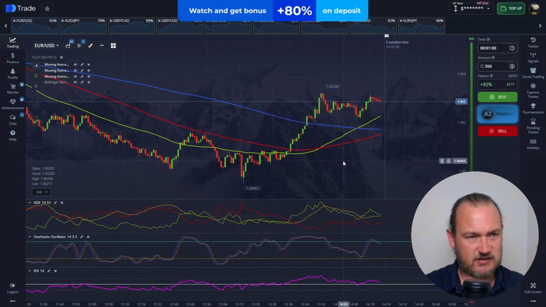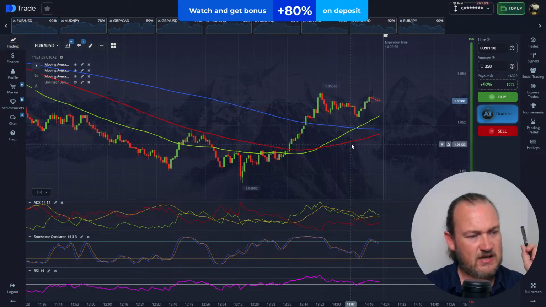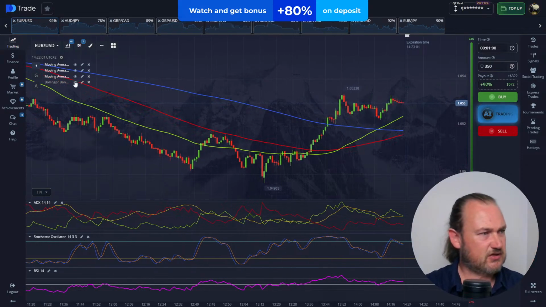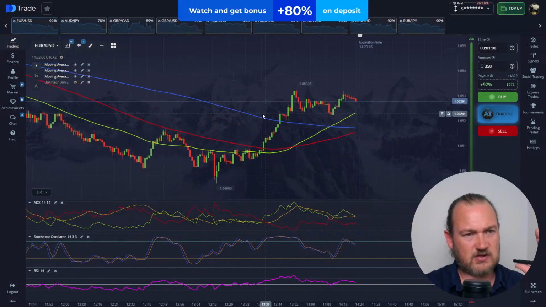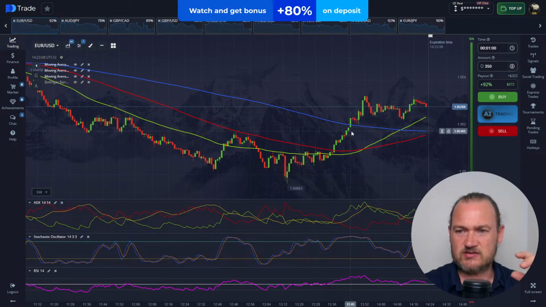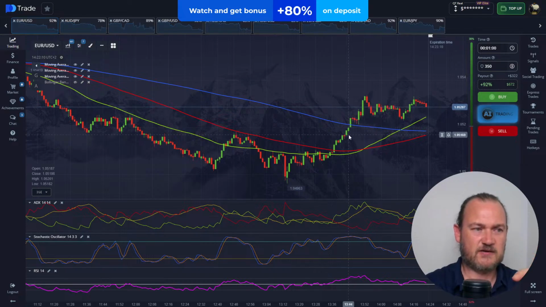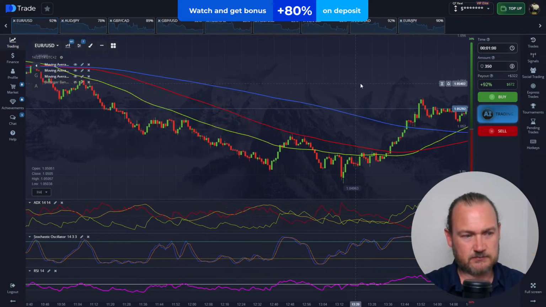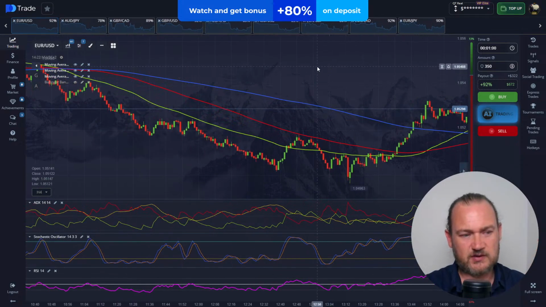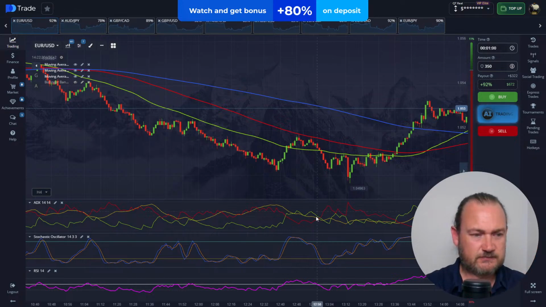I don't change anything. And I'm just going to show you guys how I use the other indicators to tell me if I do get a signal from the stochastic, how I can confirm it, and what will give me a better chance to possibly win a trade.